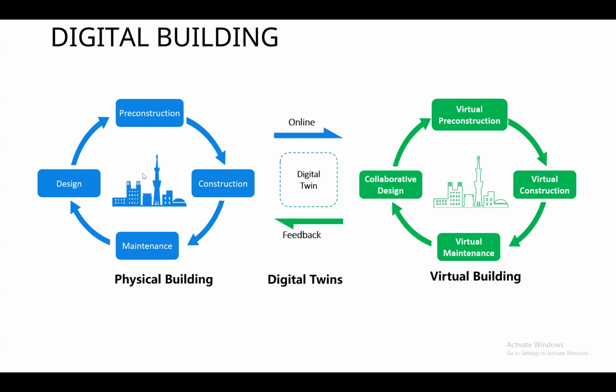So this is the connection between the physical building and the digital building. Normally we call it a digital twin. So I think now you have a comprehensive idea about the physical building and the digital building, and a very good understanding about the connectivity between these two buildings.